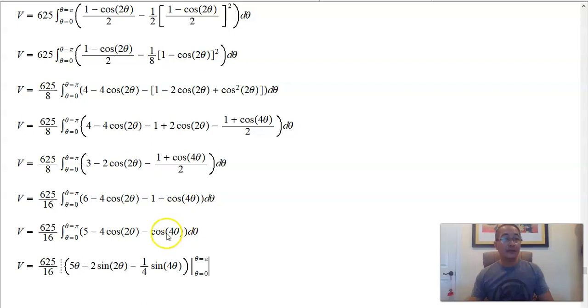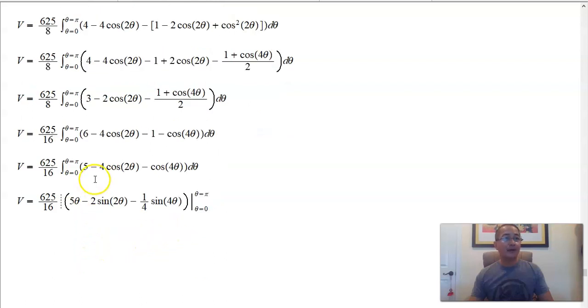Stay, integrate. 5 theta minus 2 sine 2 theta, a little u sub over there, minus 1/4 sine 4 theta, and we're ready to plug in 0 to pi. 0, everything goes away, yay! But for pi, we get 5 pi there.